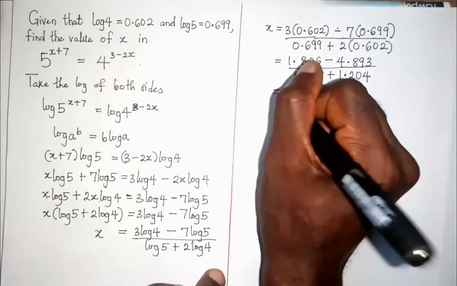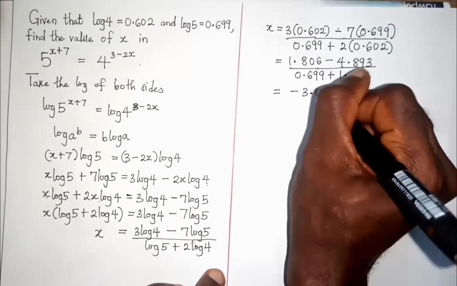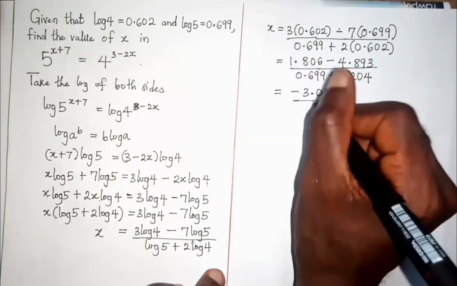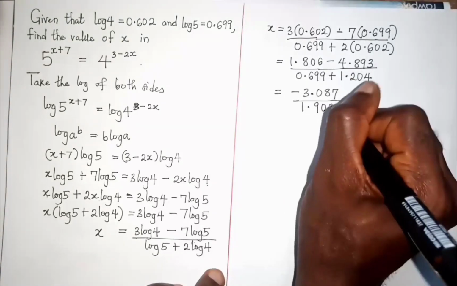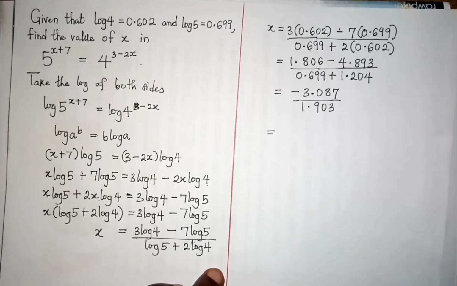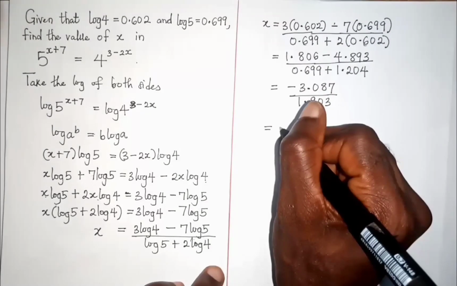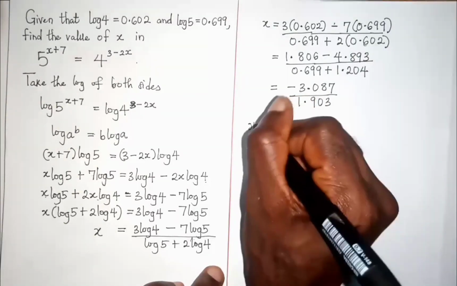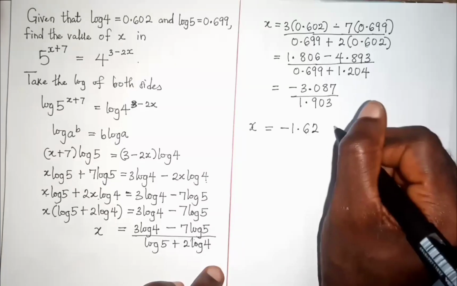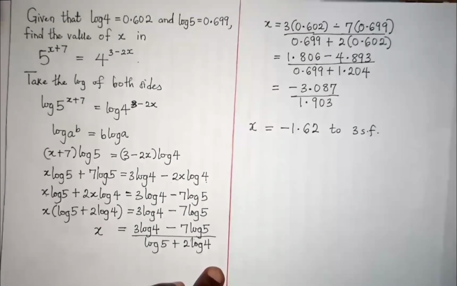So the difference in the numerator is negative 3.087, while the denominator gives 1.903. And when we use a calculator or the table of logarithms to do the division, we have the answer to x as negative 1.62, minus 1.62 to 3 significant figures.